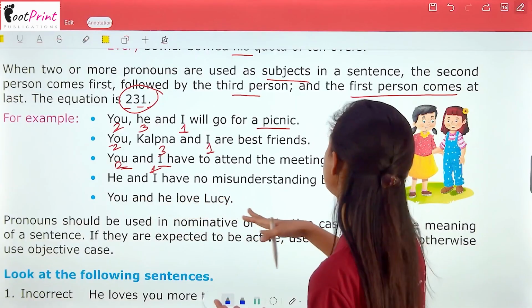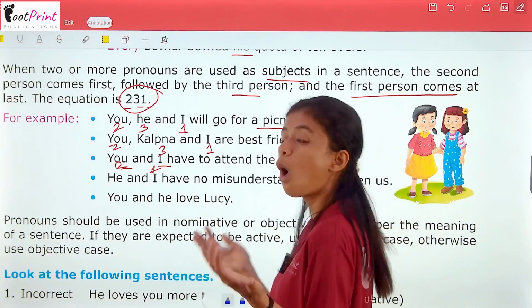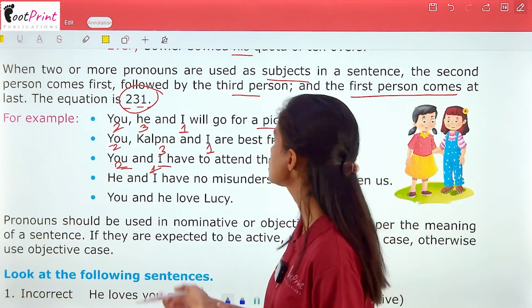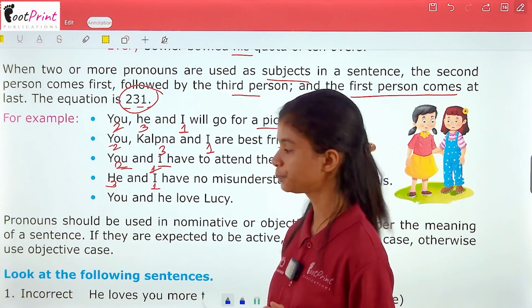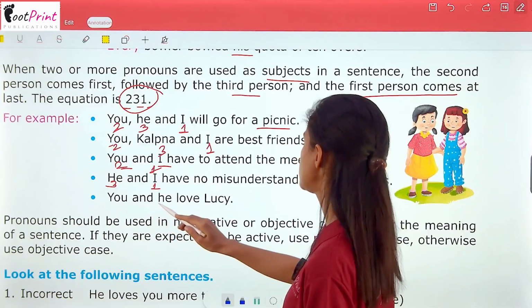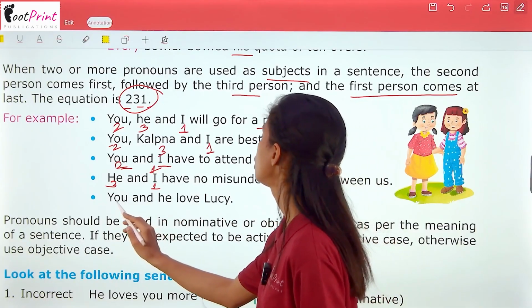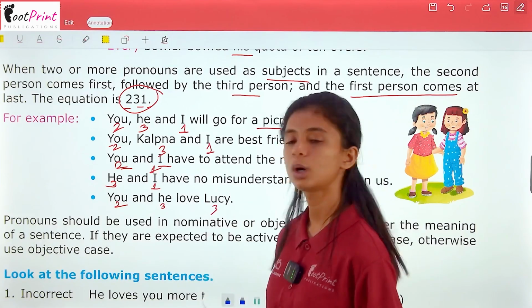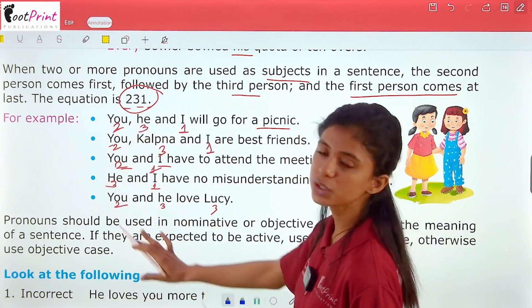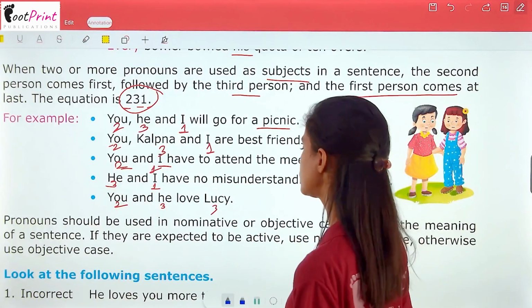He and I have no misunderstanding between us. Or when there is no second person, first person will follow the third person. Okay? Now, you and he love Lucy. Alright? So these are the equations that we have been using in our examples.